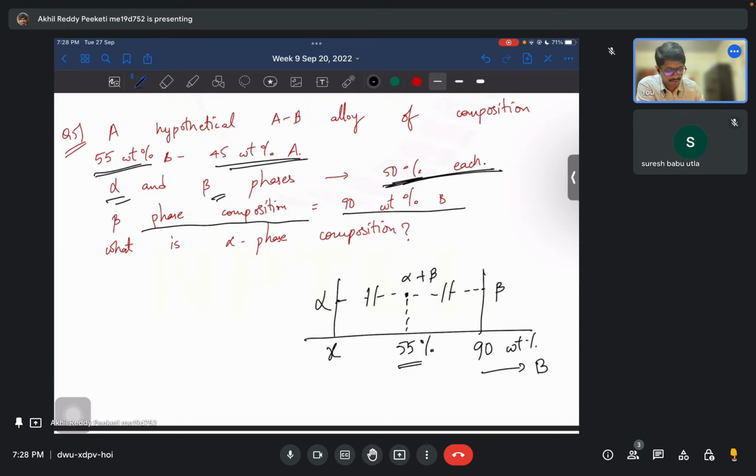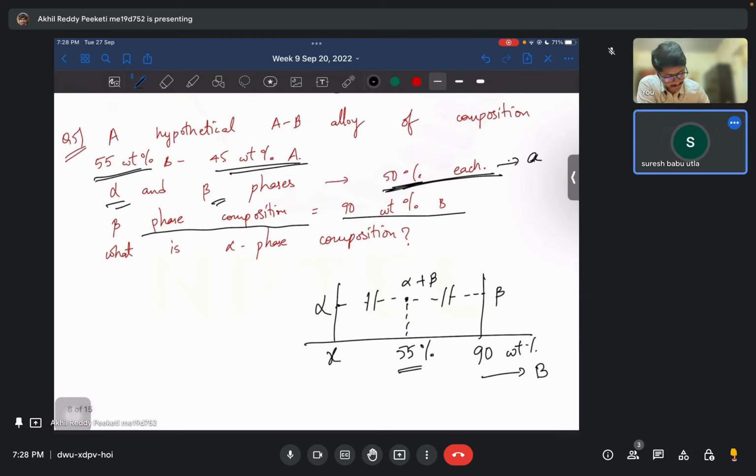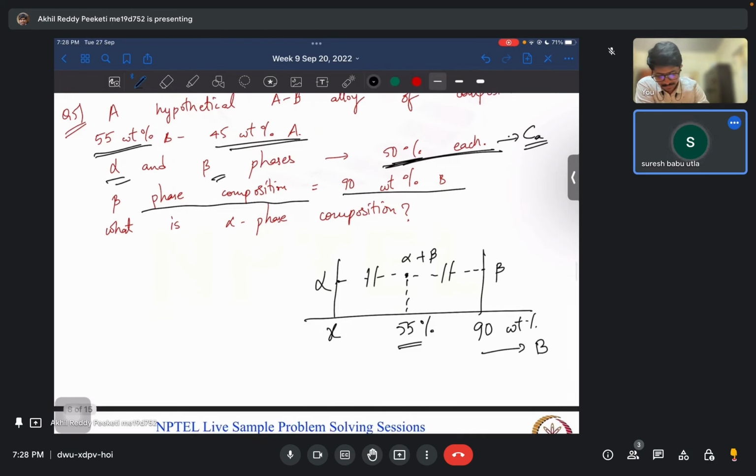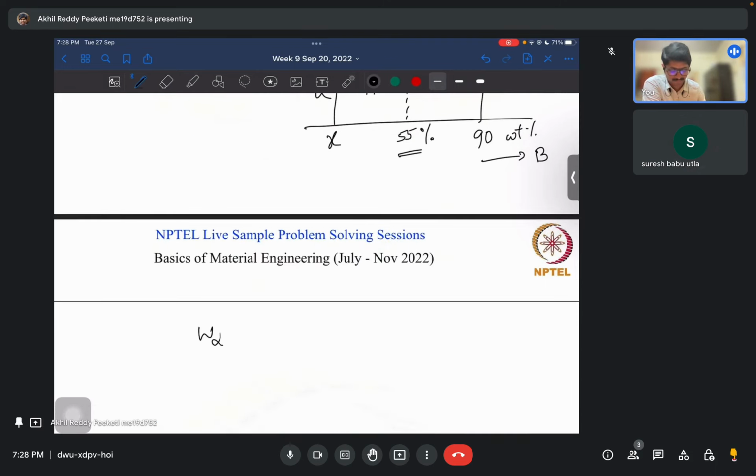Let's say nothing is given, and we have some fraction W alpha of alpha, and the fraction of beta is 1 minus W alpha.